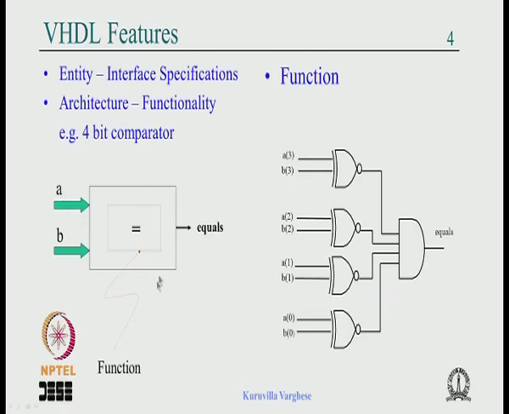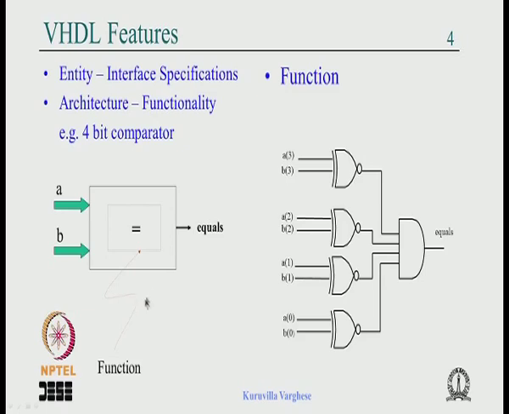Having defined the entity, you define what is inside. The architecture is nothing but the functionality. You have to define the function of this circuit in terms of the input and output. That means you somehow say that equal will be 1 if A is equal to B. There are many ways of describing it, but that is the functionality.